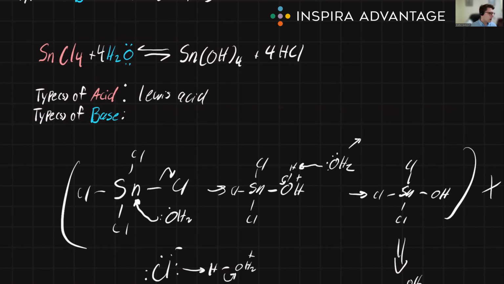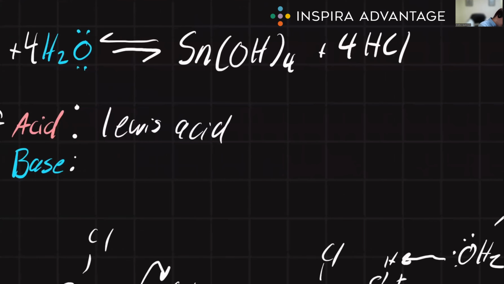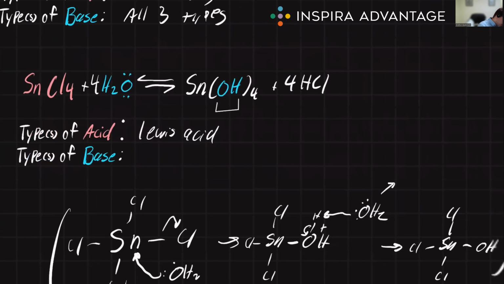So our water is producing hydroxides. We're producing hydroxides right here. Here's our hydroxide. So water is going to act as, you guessed it, an Arrhenius base.